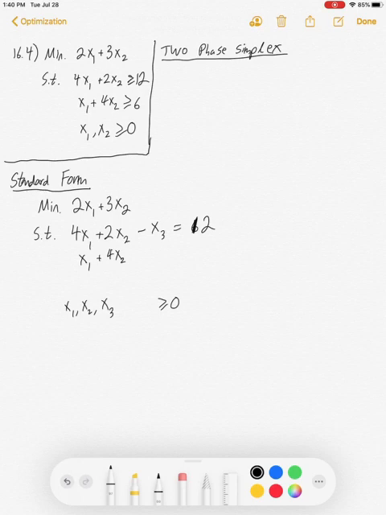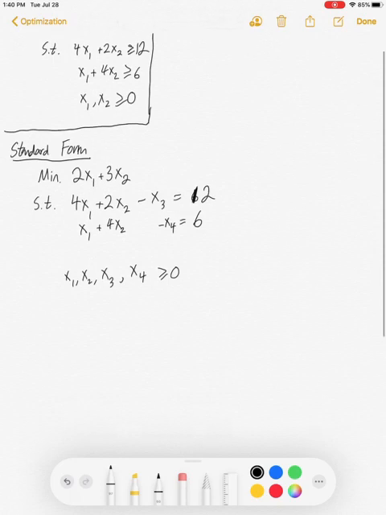So x1 plus 4x2 bigger than or equal to 6 is going to be replaced with x1 plus 4x2 minus x4 equals 6. And again, x4 is going to be non-negative. So this is the standard form of our linear program.